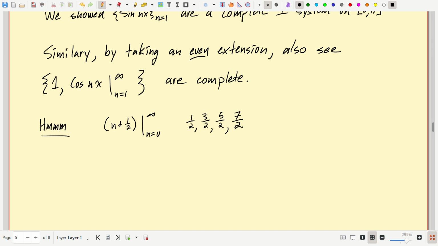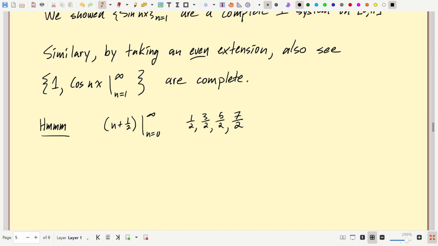Uh-oh. Why does this show that it's complete? I can make this series converge to any function. I extend it as an even function, and I play these games, and I know that Fourier series converge. So there are enough functions. If I didn't have enough, there would be something I couldn't get. Like if I didn't toss in 1, I'd realize I don't have enough functions because I can't approximate 1 with those functions.